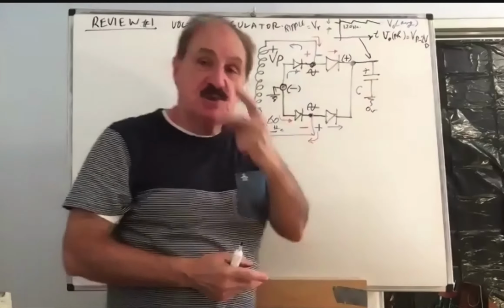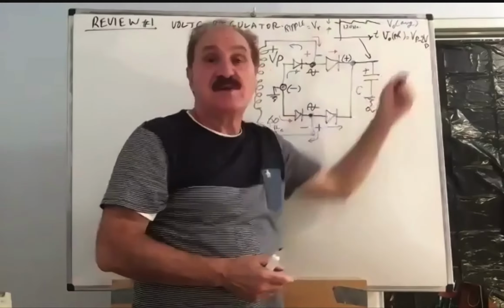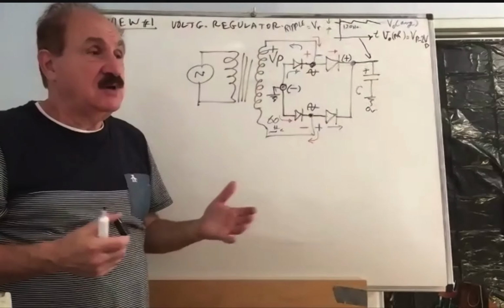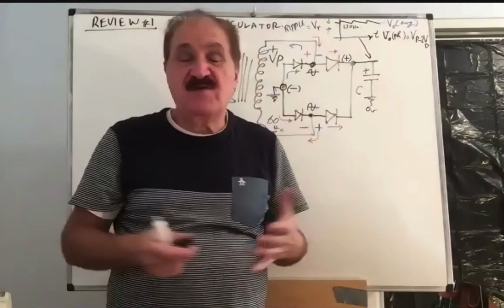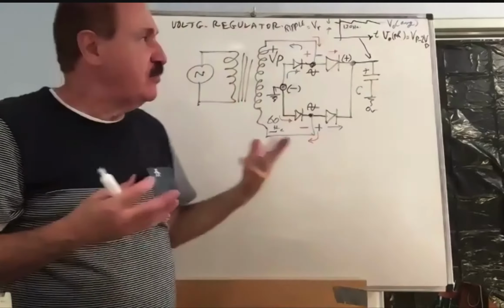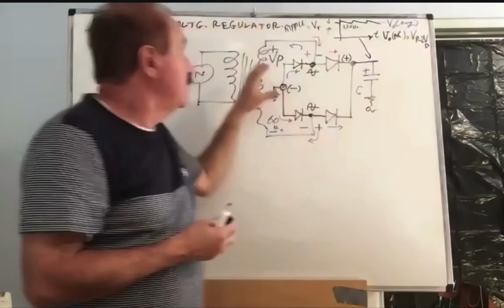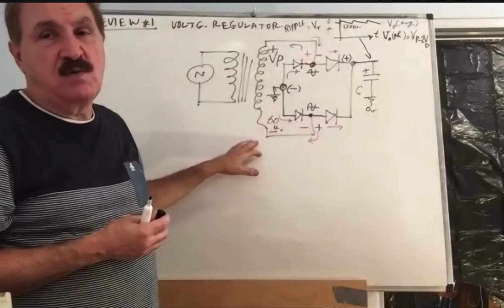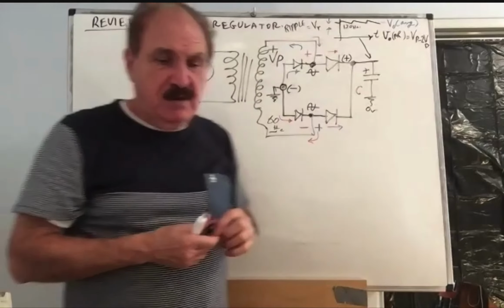So it drops twice with the diode voltage, about 0.6 of a volt, 0.7 of a volt. So you lose about 1.4 volt, 2 times 0.7, off of the secondary winding potential.